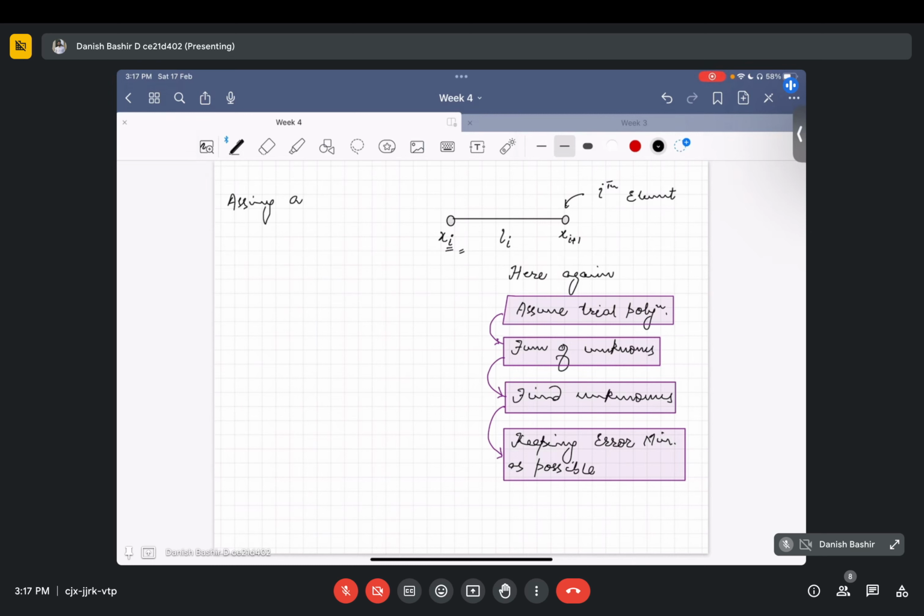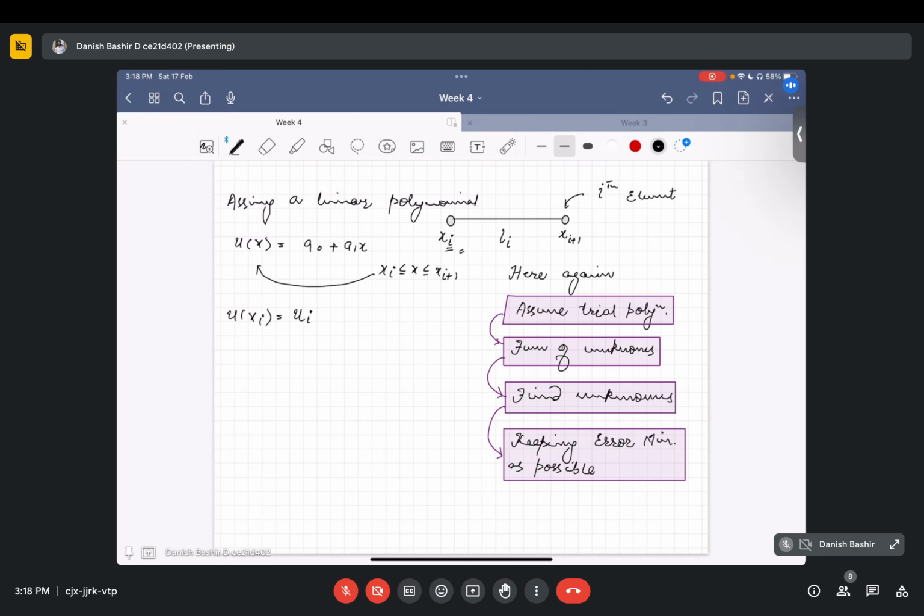Assuming a linear polynomial, it will be of the form a naught plus a1 x. And its domain, as is obvious from the figure, will be xi less than or equal to x less than or equal to xi plus 1. If we put xi here, u of xi will be equal to ui.